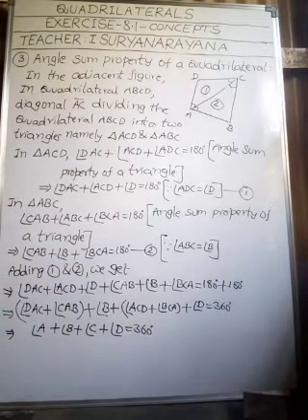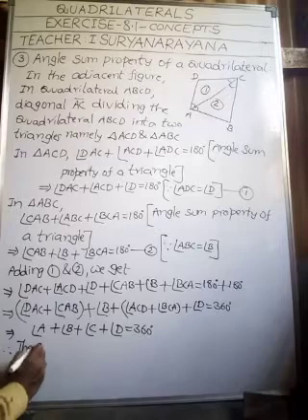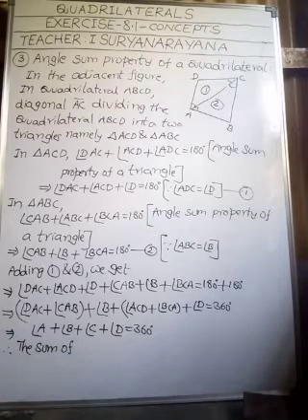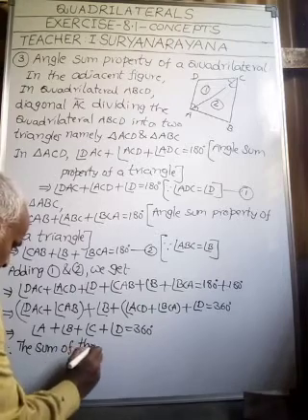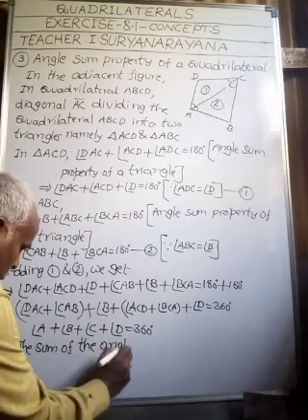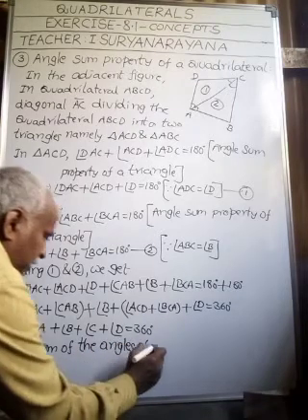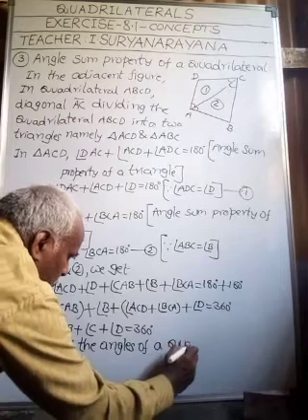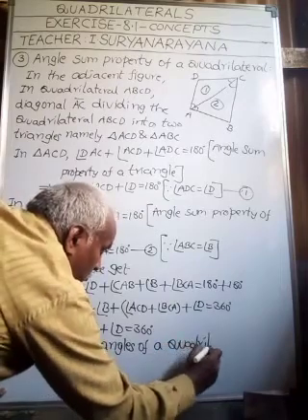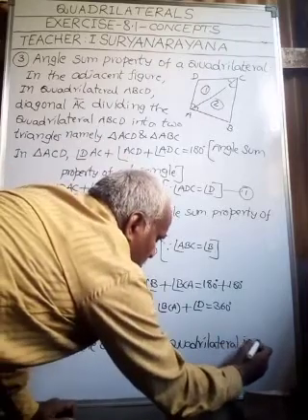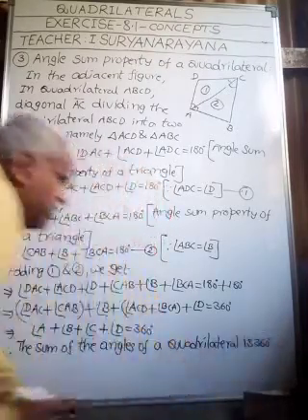Finally we conclude that the sum of the angles of a quadrilateral is 360 degrees.